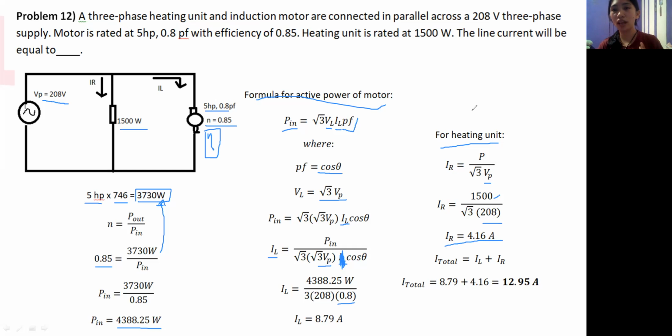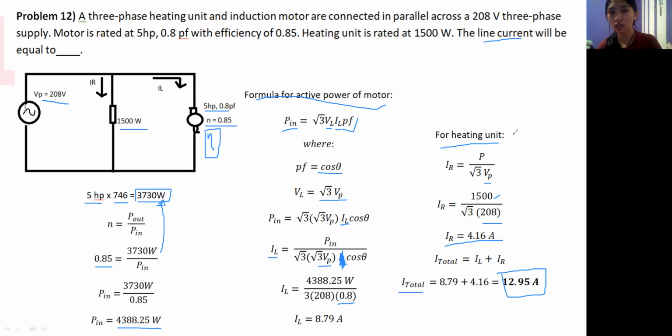The total line current in the circuit is just equal to the line current across the motor plus the current for the heating unit. So I total is 8.79 plus 4.16, which is equal to 12.95 amperes.